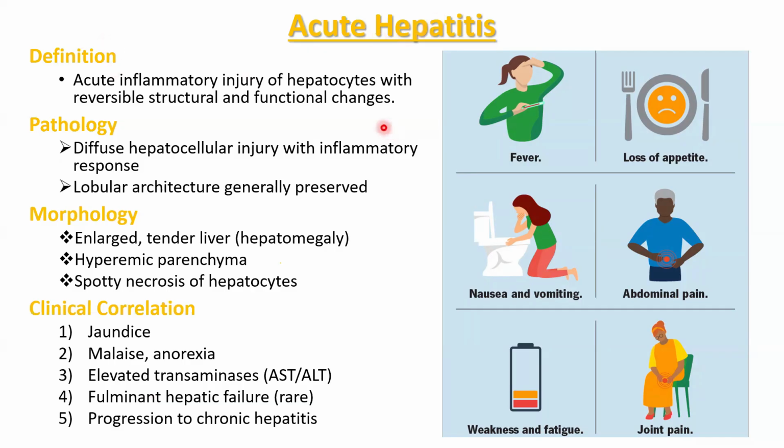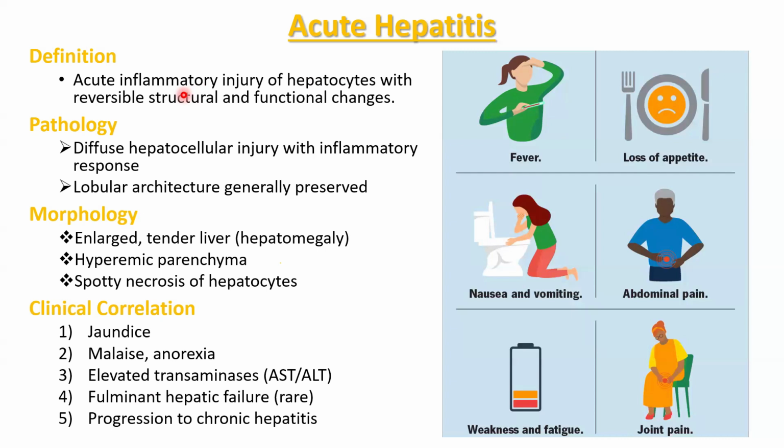So what is the definition of acute hepatitis? The definition of acute hepatitis is that it's an acute inflammatory injury of hepatocytes that has reversible structural and functional changes.